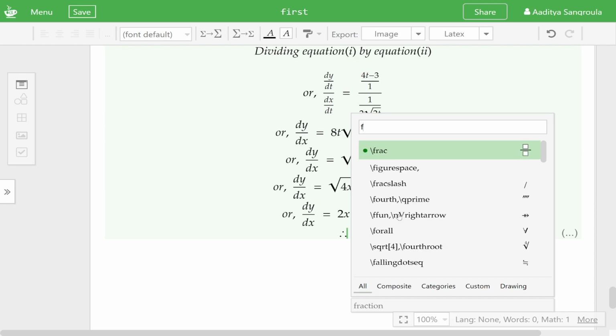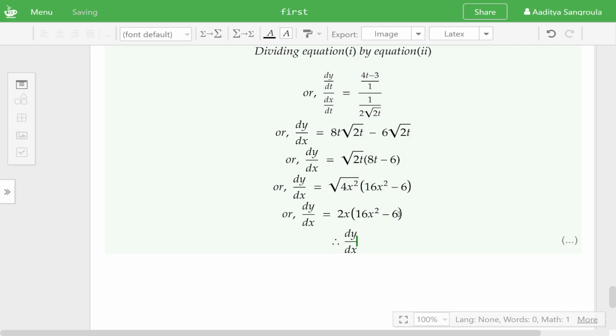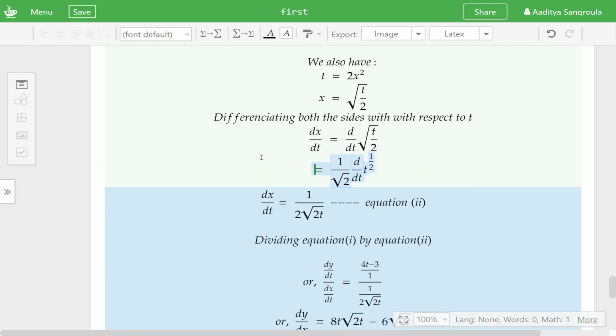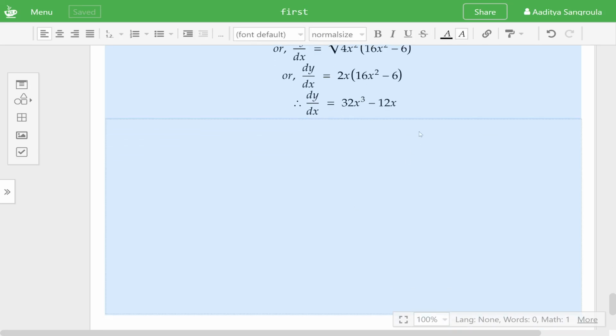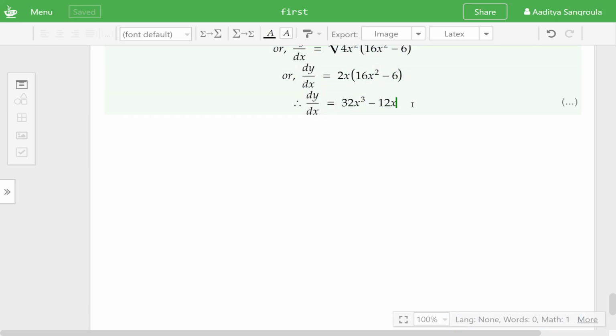And then finally, therefore, dy over dx is equal to 32x cubed minus 12x. So this should be what dy over dx is. In order to check, we can give it to ChatGPT, which will check the question. So what is our answer?